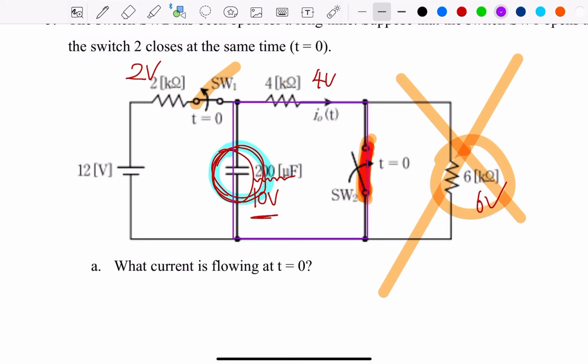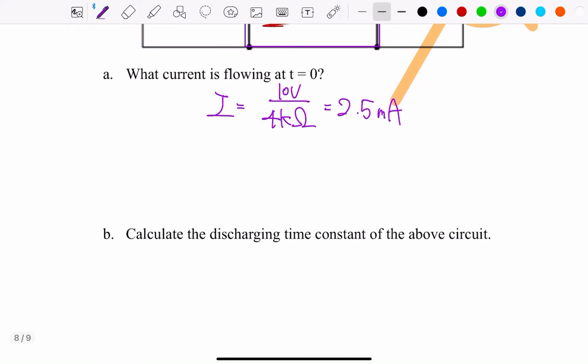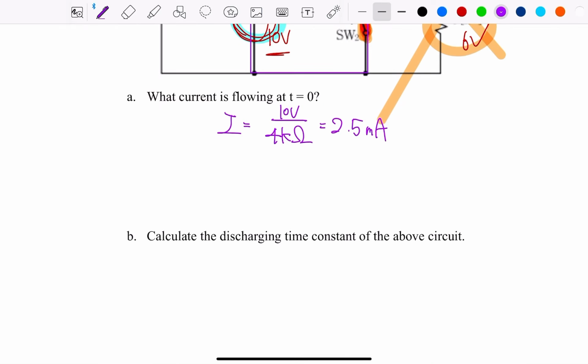Only this part has current flowing. Therefore, the flowing current will be 10 volts over 4K. Okay? And it is 2.5 milliampere. So the first one's answer is this.